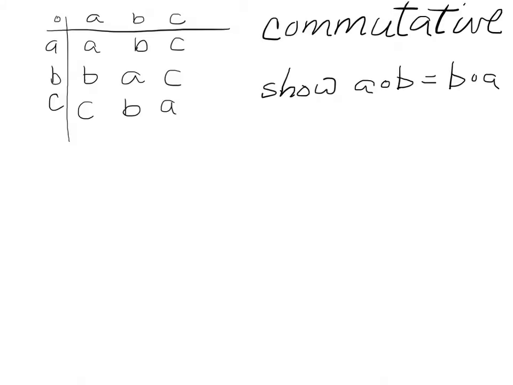So here is A, here is B. So A operated on B is the element B. So I know that this is B, and then here's B, and then here's A. So B operated with A is also equal to B. And so I end up with B equals B. So I have shown that the elements, in this case A and B, under this operation are commutative.